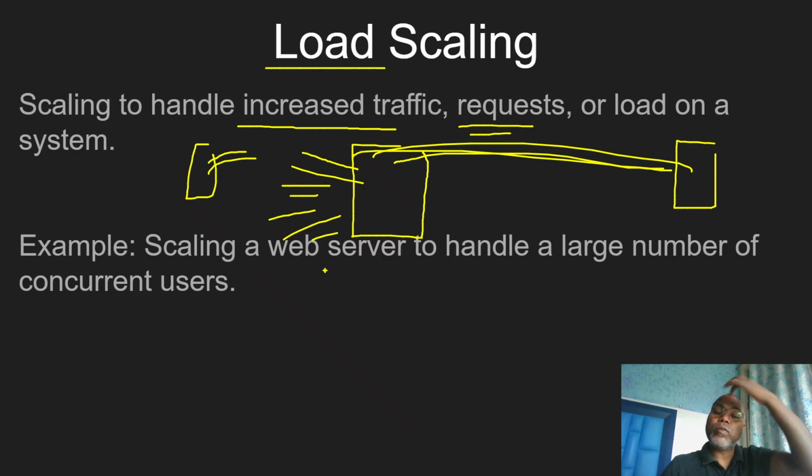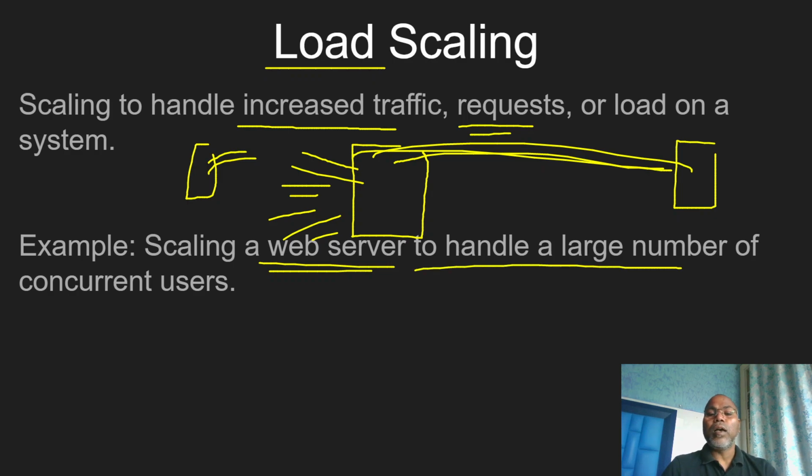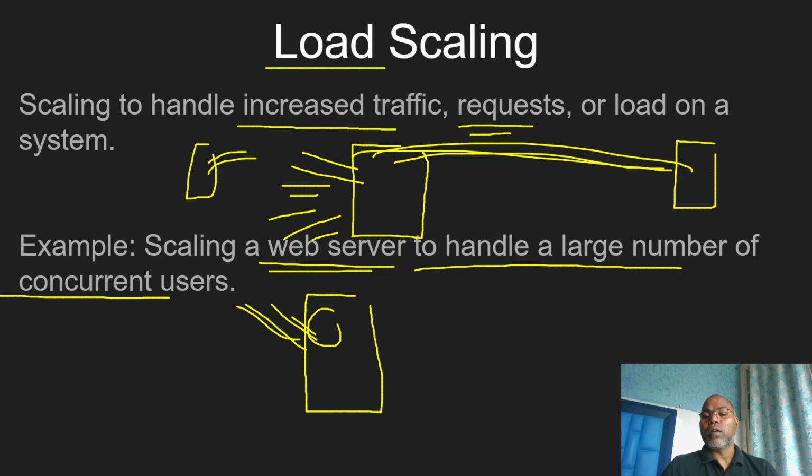For example, whenever we are building a web server, it should handle a large number of concurrent users. Concurrent users means that for whatever application I am designing, maybe thousands of users are accessing it at the same time, and our system should still respond.